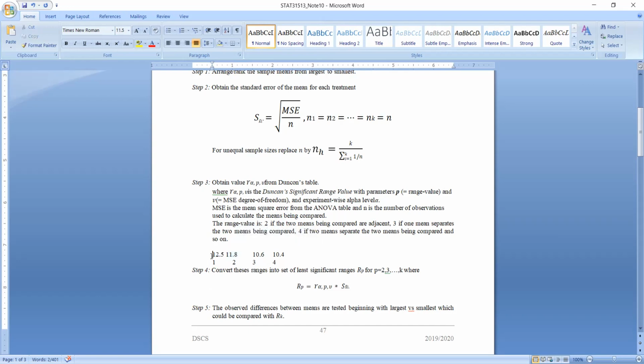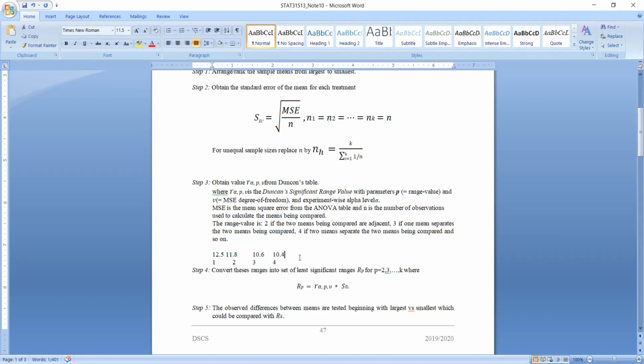If you are comparing 12.5 and 10.6, there is one mean in between, so the gap is equal to 1. When the gap is 1, P should be equal to 3.